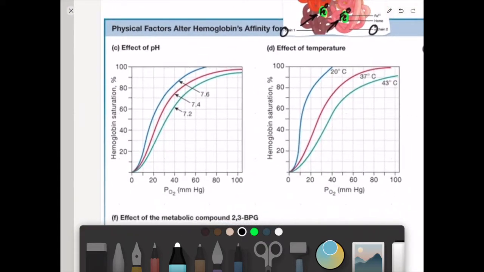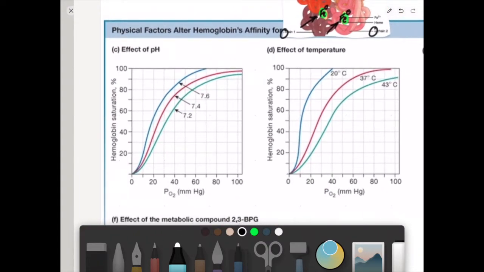Also, things that modify the affinity of hemoglobin for oxygen. pH. As the acidity increases, pH goes down. And we talked the other day, thank you, Anna, about what could increase the acidity or decrease the pH of your blood.